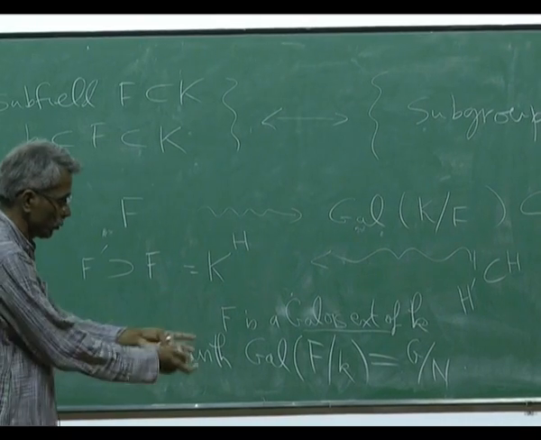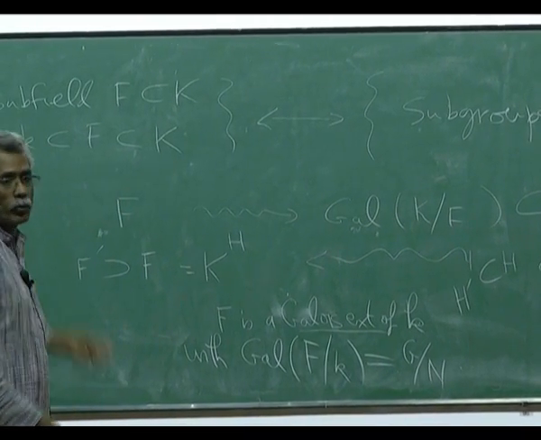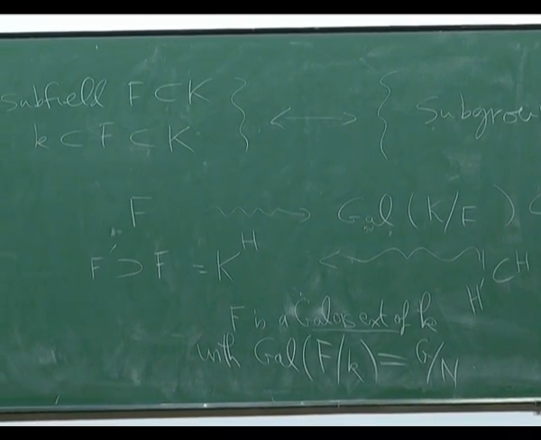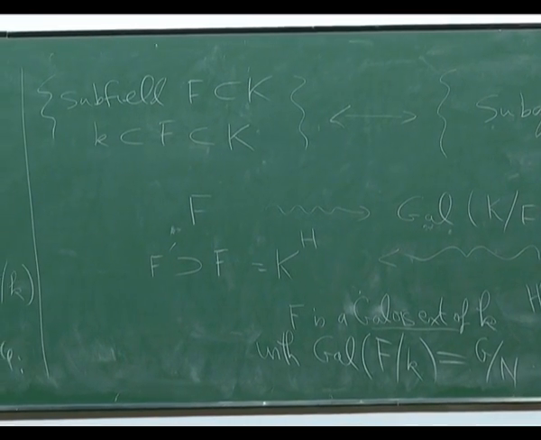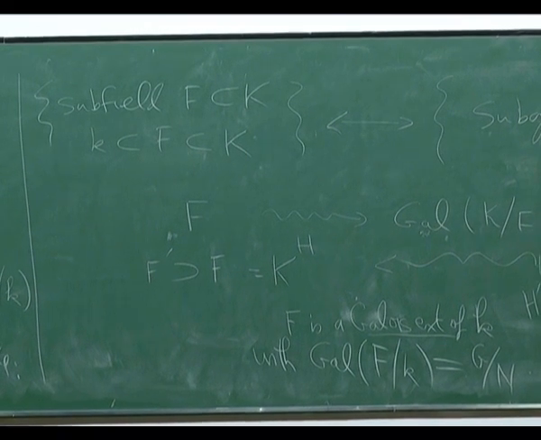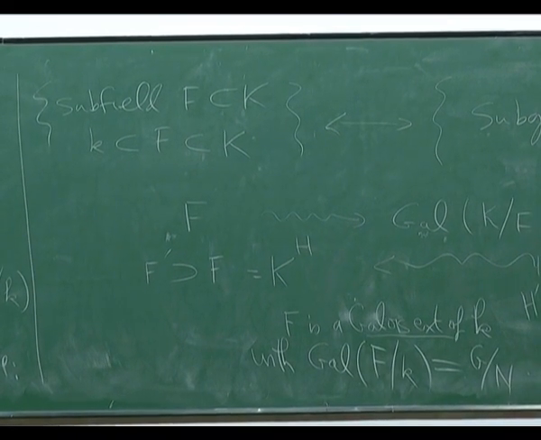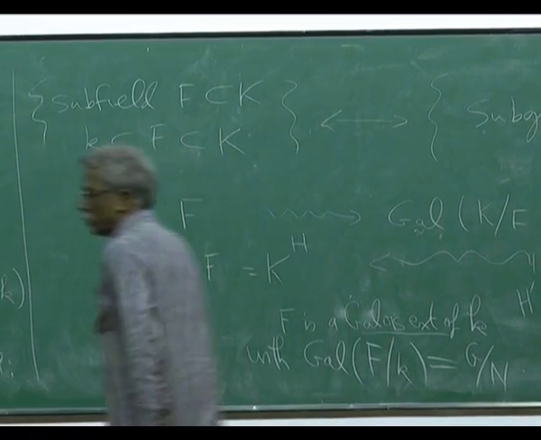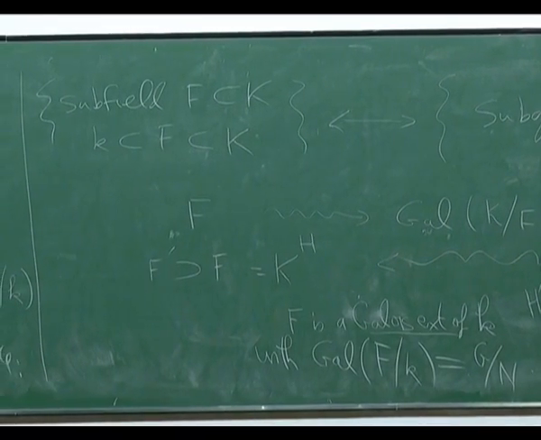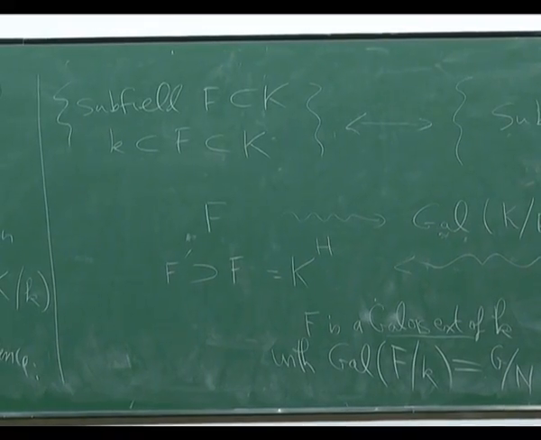On this side you take a bigger group, that will correspond to a smaller field. So that is the type of inclusion reversing correspondence that we have. Now, I am going to erase only this portion, but explain the words that I have used here. After giving these basic definitions, I will do examples.